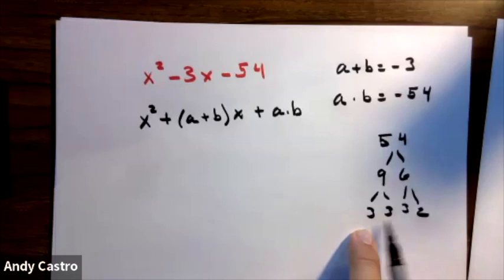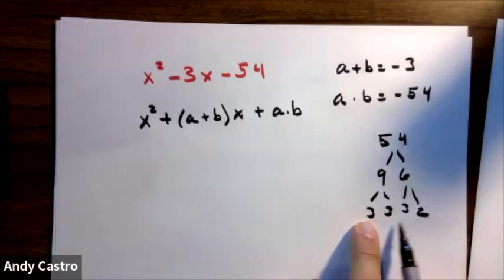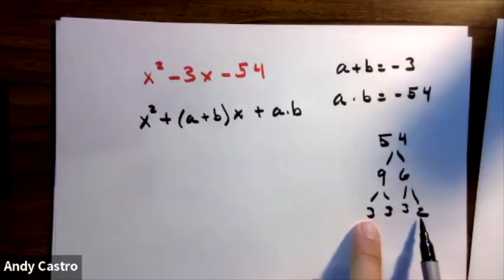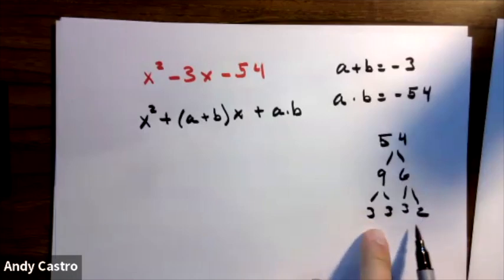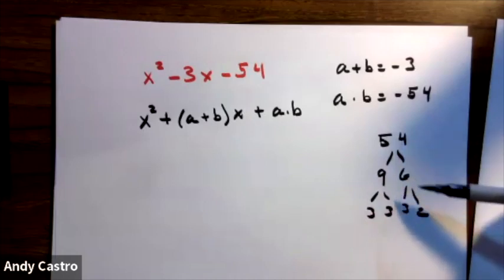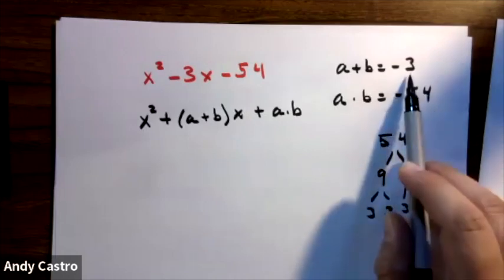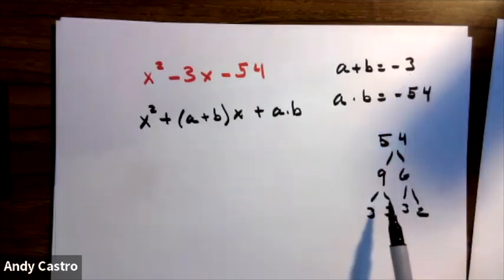Is that right? 3 times 3 is 9 times 3 is 27. I think I said 18 earlier. I'm sorry. 3 and 18, 2 and 27, 6 and 9. And then of course, 1 and 54. But 6 and 9, there's a difference between them of 3. So I think that's going to be our closest.